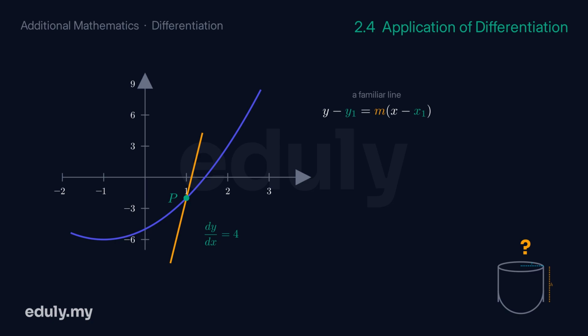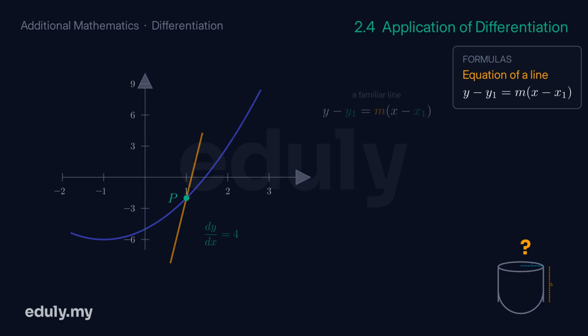y minus y1 equals m times x minus x1. Plug in the point and the slope you already have, and you've written down the actual tangent line. Guess: if the tangent slope is 4, what's the normal's?